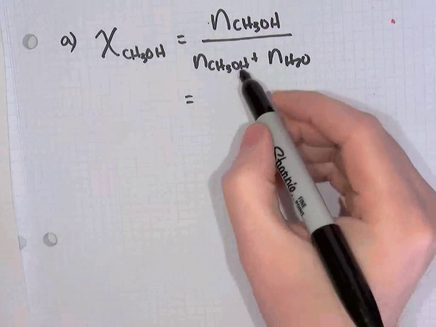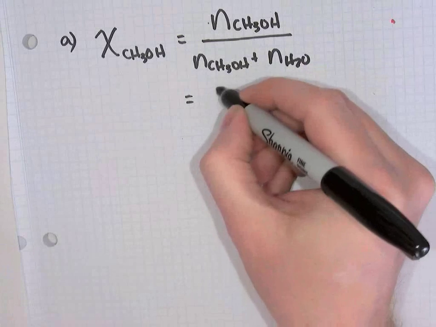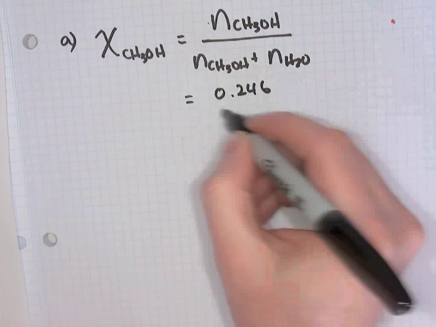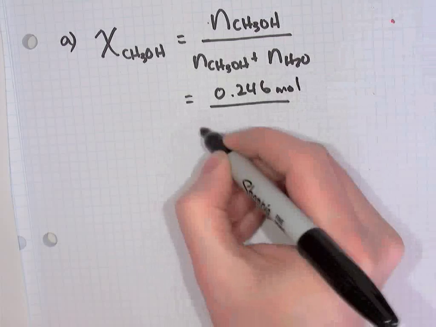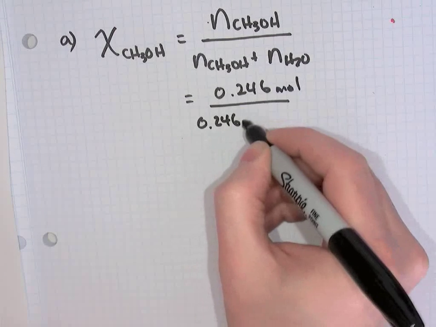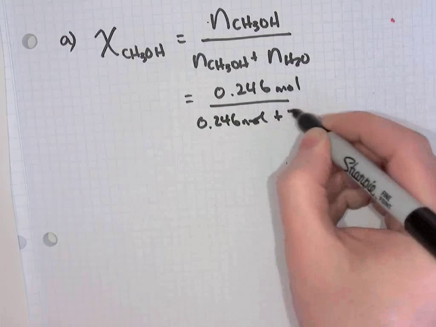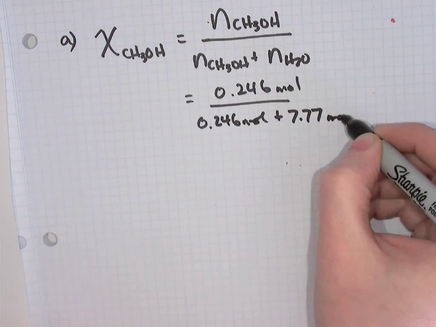So that's going to be 0.246 over 0.246 moles plus 7.77 moles.